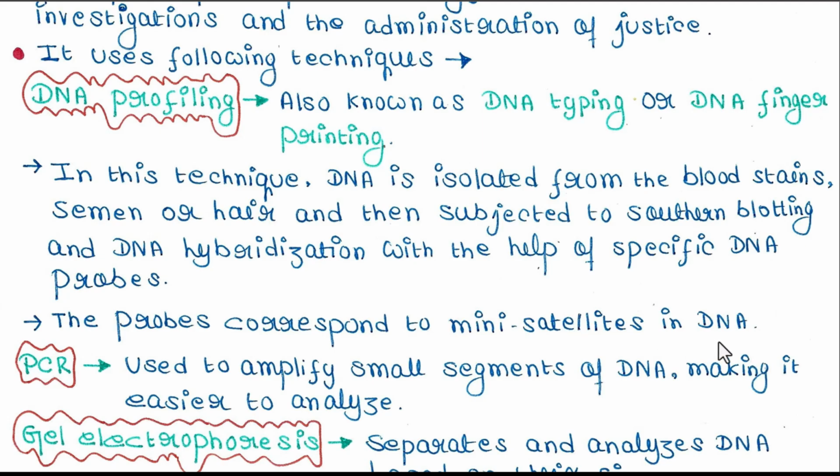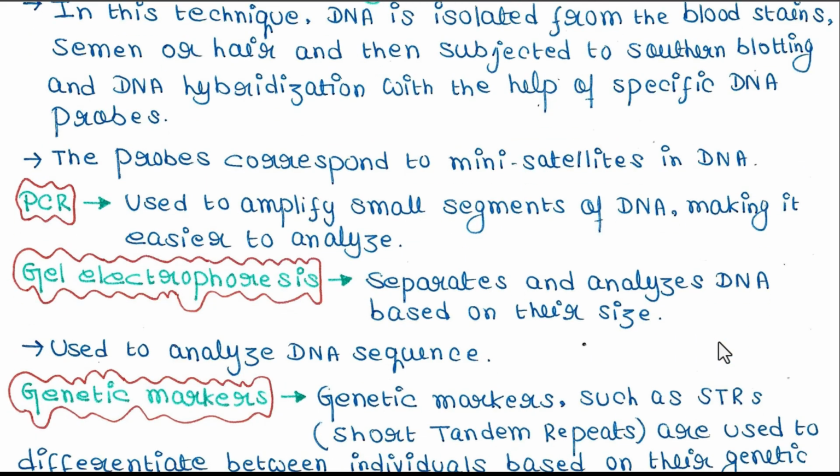So DNA fingerprinting is basically a powerful tool and it can be used to help narrow down a list of suspects based on how well their DNA matches the samples that were found at the crime scene. The next tool is PCR.